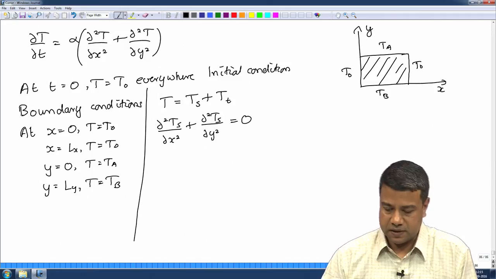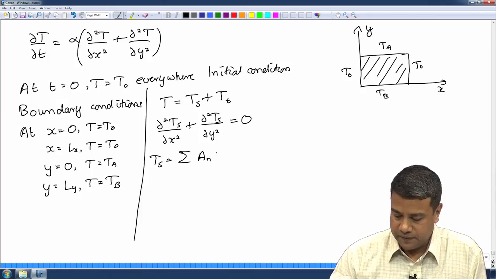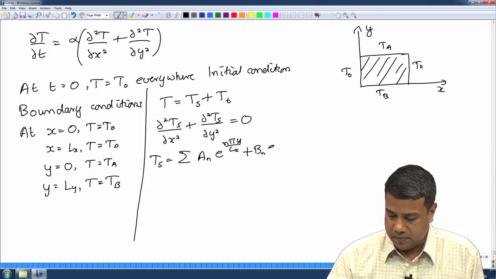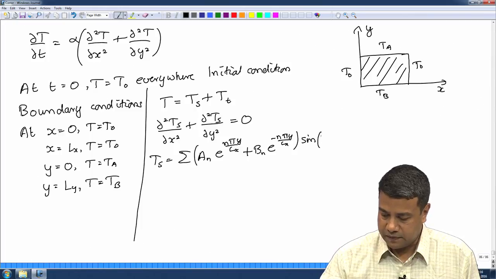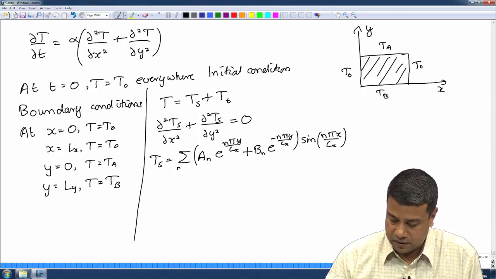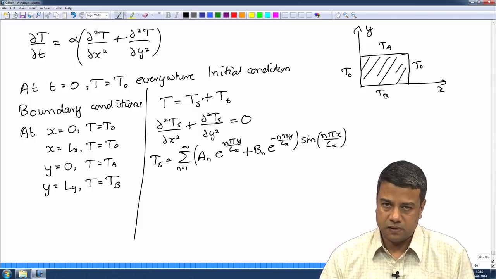We just solved this equation to get the steady part as summation of a n e power n pi y by Lx plus b n e power minus n pi y by Lx, into sine of n pi x by Lx, where the coefficients a n and b n were determined using the orthogonality relations.